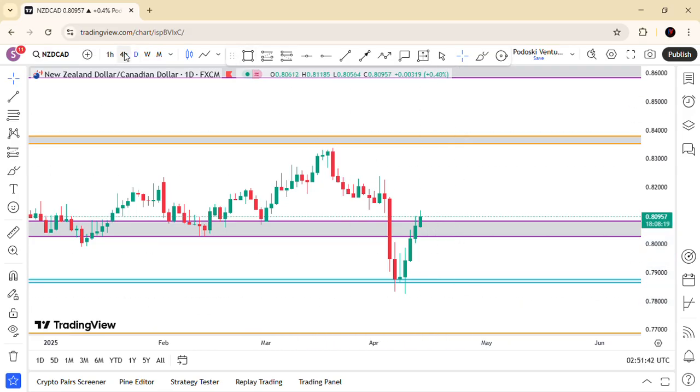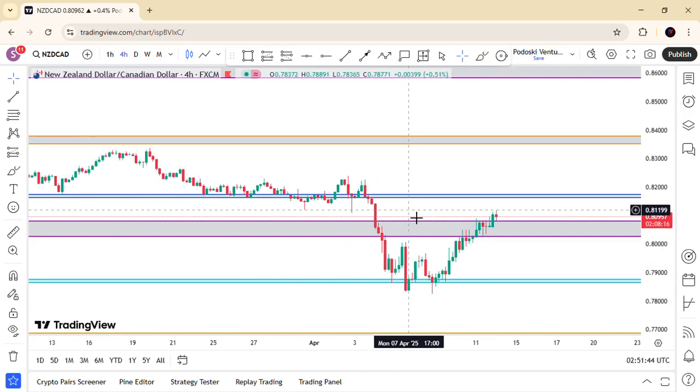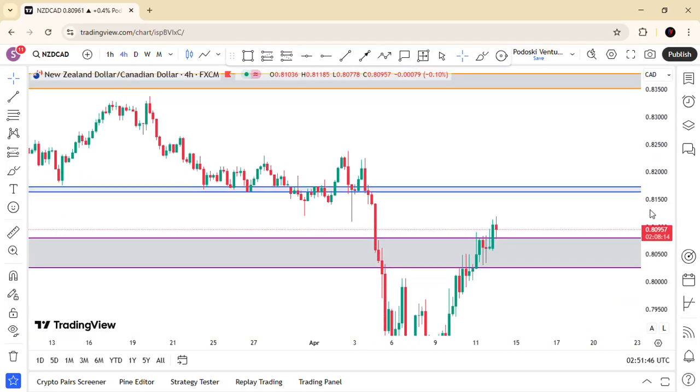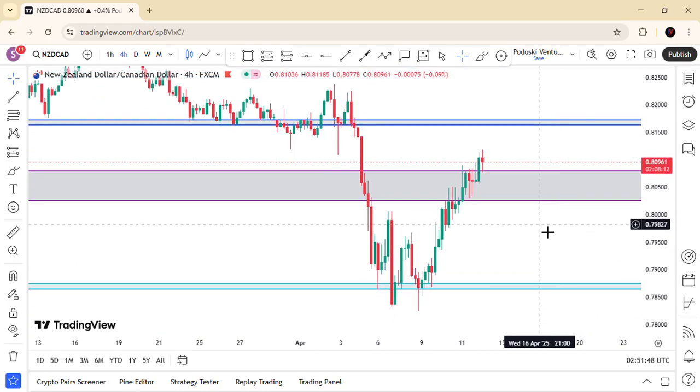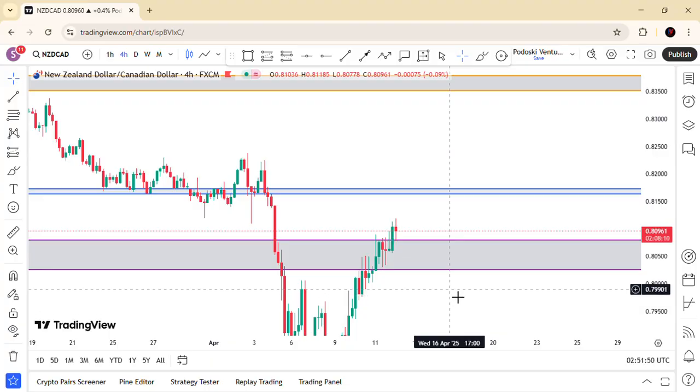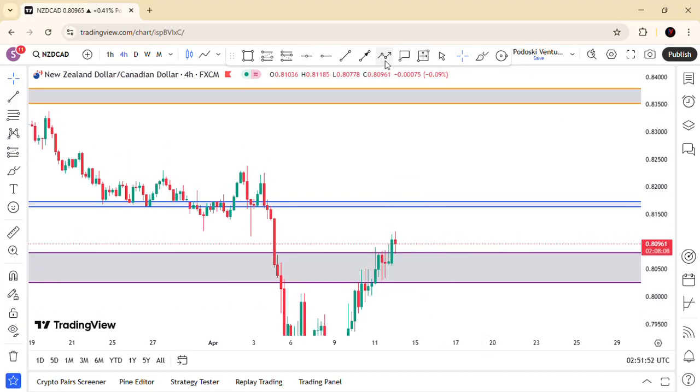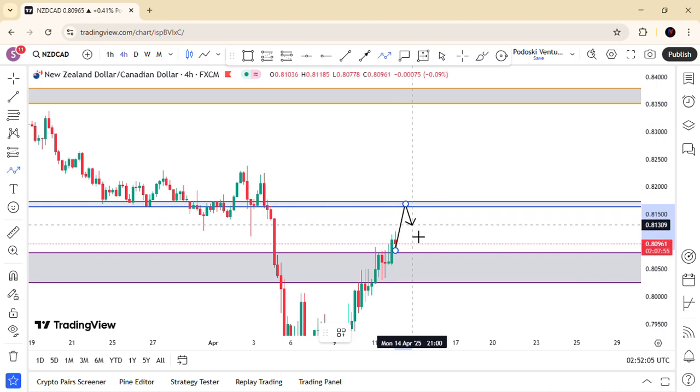So yeah, here we are on the 4-hour time frame and we can see a very beautiful bullish market. You are looking at a bullish market, so you should be looking for buying opportunities. What you can wait for is price to move a bit up to the upside, tapping into this zone, then it will drop, giving us a retest.